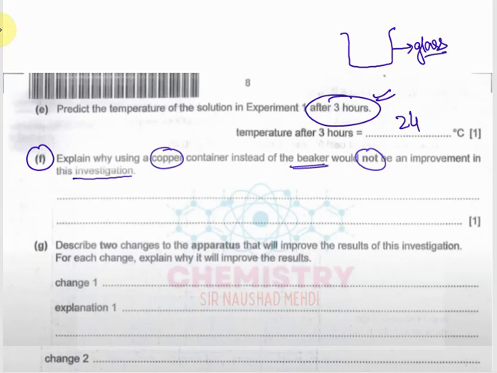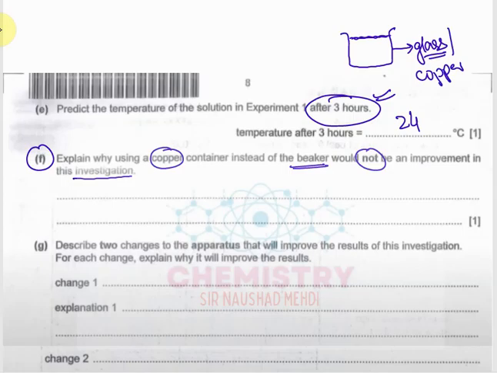The heat produced during the experiment will be lost into the surroundings. And if the heat energy is lost, your experiment will have errors, right?